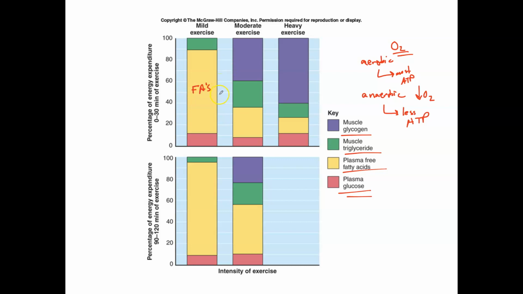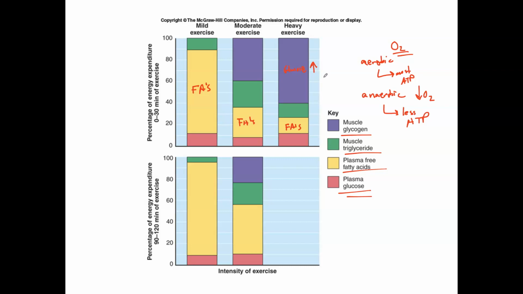And as the exercise intensity increases, we can see the level of fatty acid utilization declining. And our utilization for stored glycogen, and therefore getting access to glucose, is actually increasing. Because in order to run anaerobic metabolism, you need to be able to run glycolysis using glucose.